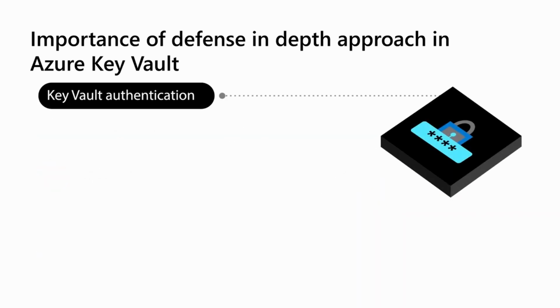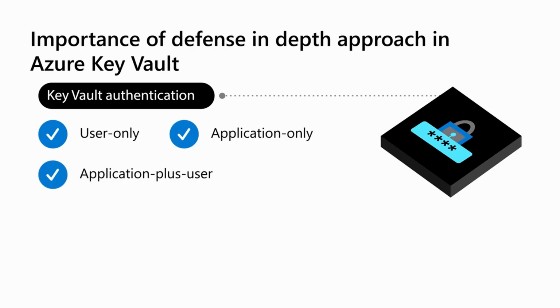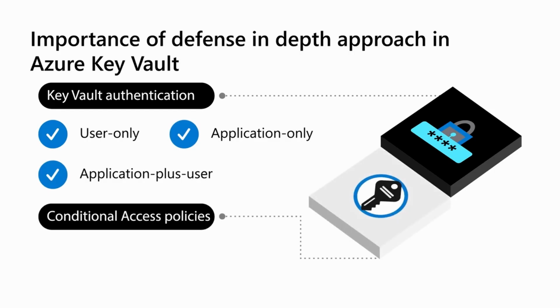The Key Vault authentication option provides 3 ways to access Azure Key Vault that are user only, application only, and application plus user. And conditional access policies help to apply the right access controls to Key Vault when needed to keep your organization secure and stay out of your users' way when not needed.